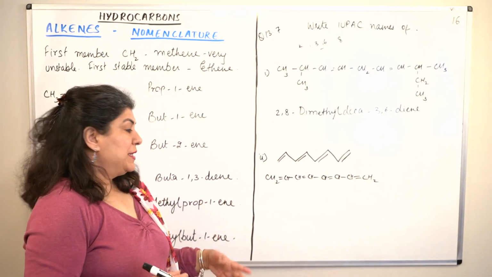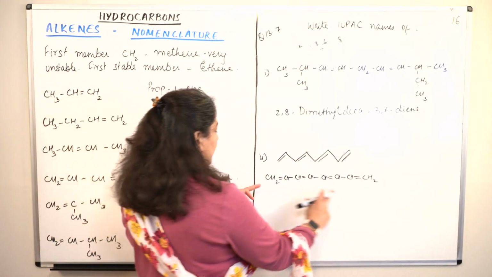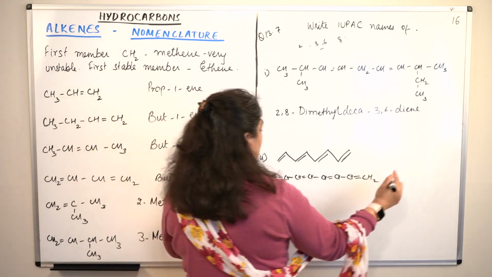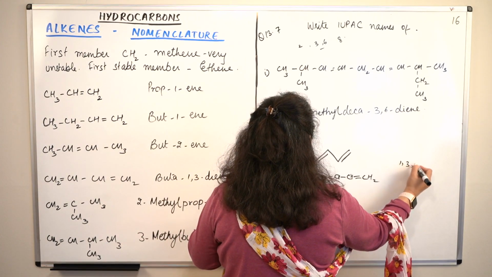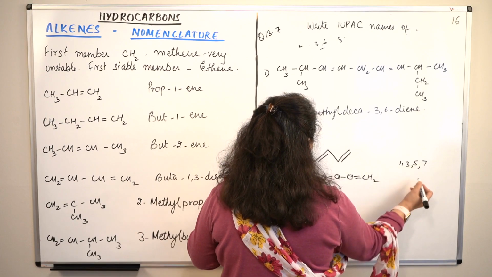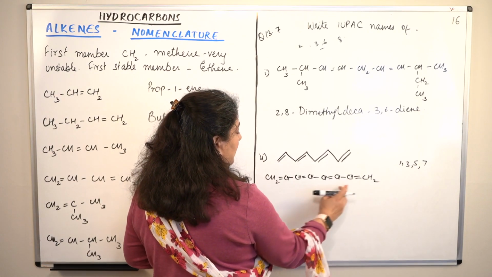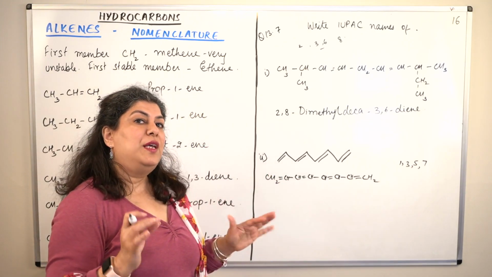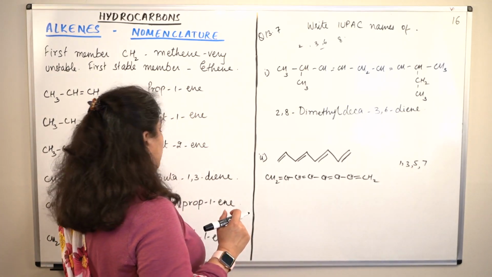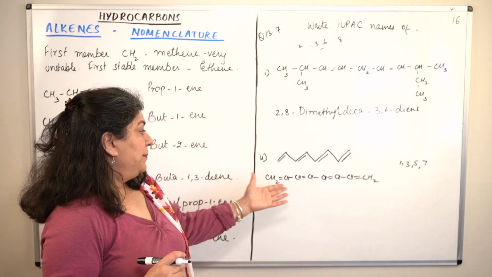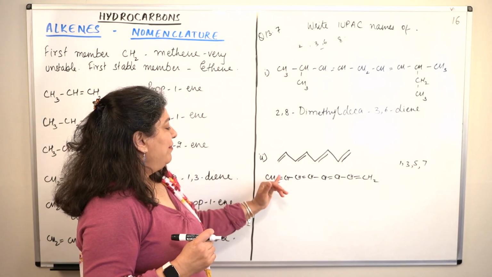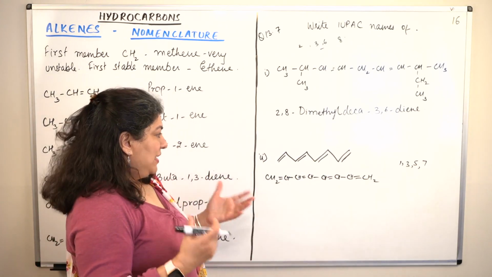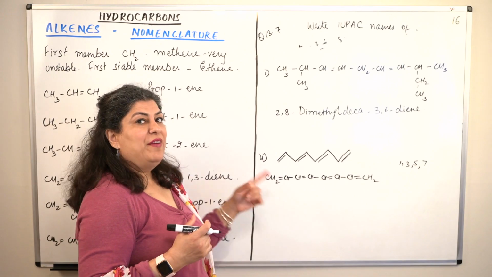Now, if I have to name it, if I count from this direction, what are the locants that I'll get? 1, 3, 5, 7. And if I count from this direction also 1, 3, 5, 7. I get the same locants in both the directions just as I got it in butadiene, buta-1,3-diene. But this time how many enes do I have? 1, 2, 3, 4. So it's a tetraene, and how many total carbons do we have? 8 carbons.